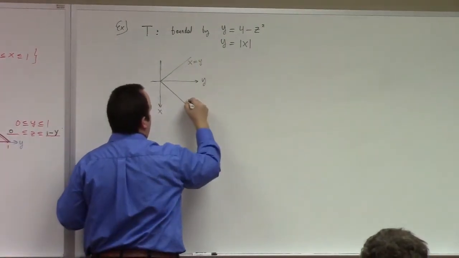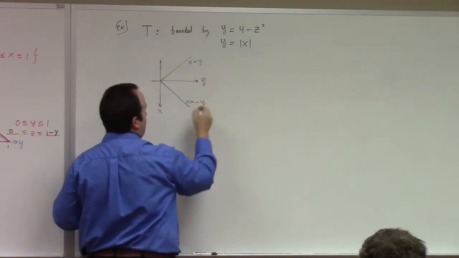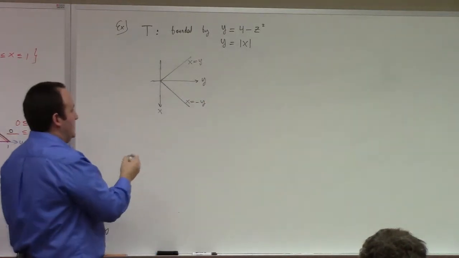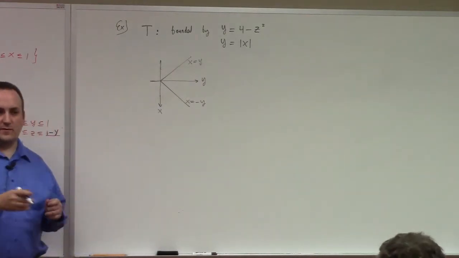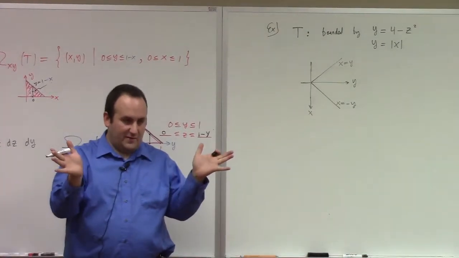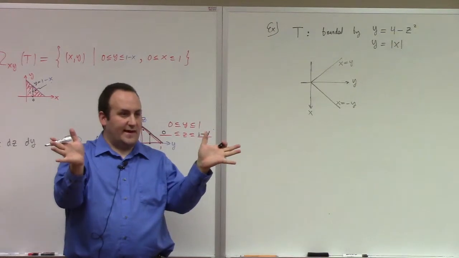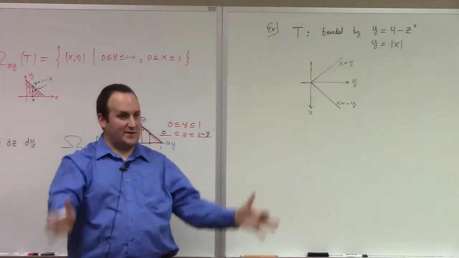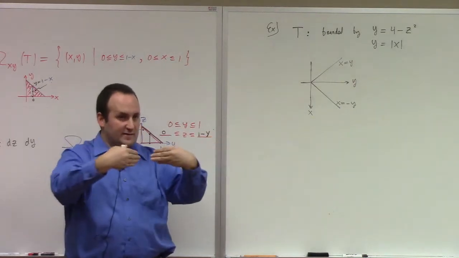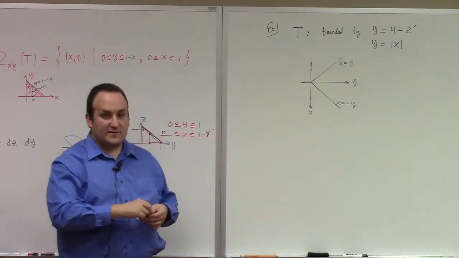Here we have x equals to minus y. And you could draw this picture for any z, right? So it's basically a pair of half planes that meet at the z-axis, and they just go up and up and up and down and down and down, right? Two vertical half planes joined at the z-axis. That's what y equals absolute value of x is. Do we agree?